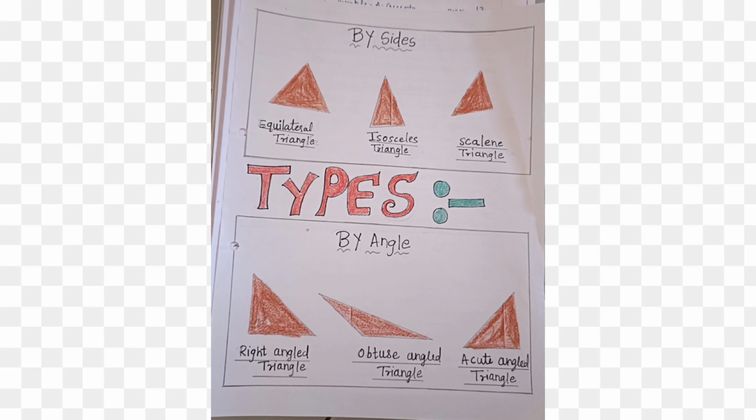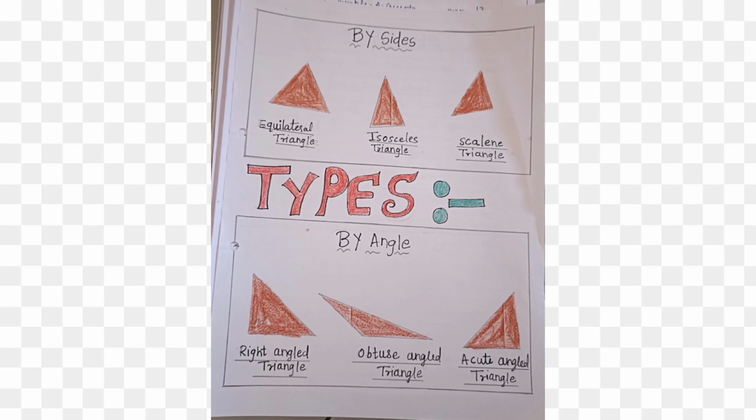Can you classify the given triangles by sides and by angles? Yes, teacher, we can try. By sides, we have equilateral triangle, isosceles triangle, and scalene triangle. And by angles, we have right angle triangle, obtuse angle triangle, and acute angled triangle.